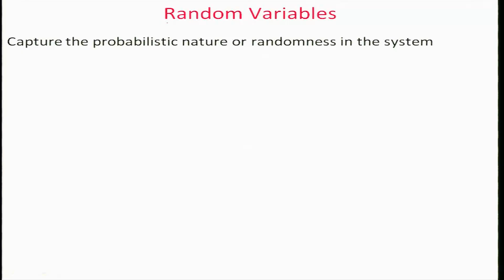So, now we are looking forward again into the variables. The next type of variable that we are going to talk about is the random variables. It is used to capture the probabilistic nature or randomness in the system.